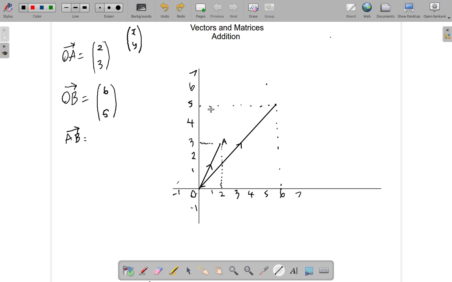Now what is AB? Let me make sure to put my B here. Now AB is going to be this vector. Let me draw it in red. AB is this vector.